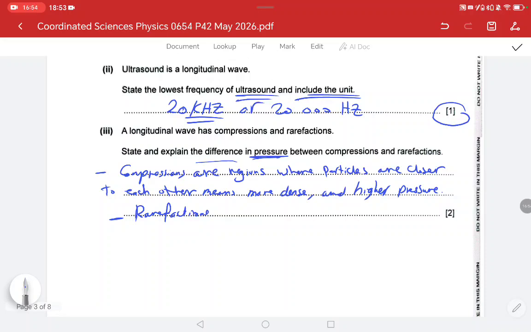But when it comes to the rarefactions, we have regions, yes, but those regions are spread apart from each other, right?